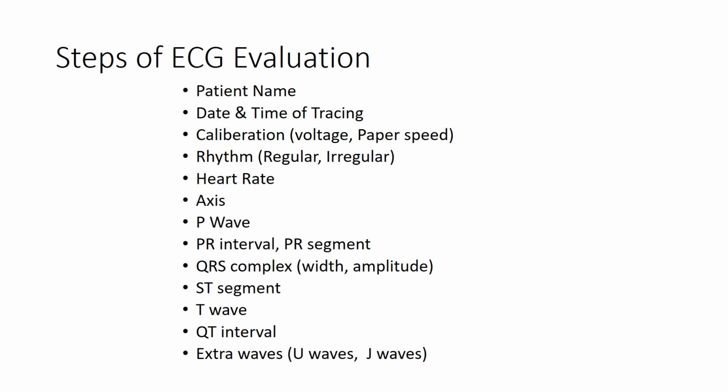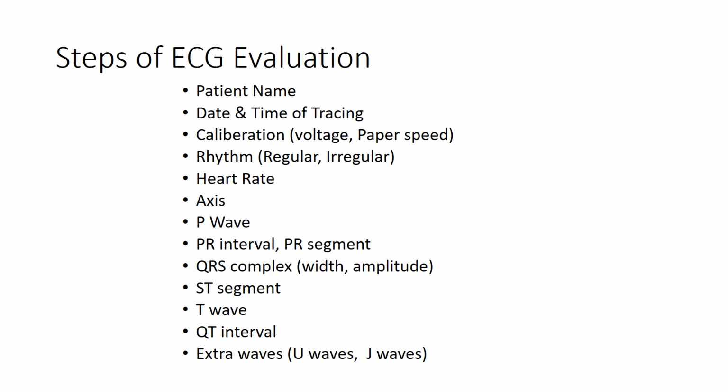Its importance is that if the tracing was taken before the start of some symptoms, then it may not indicate or reflect the change in the status of the patient.